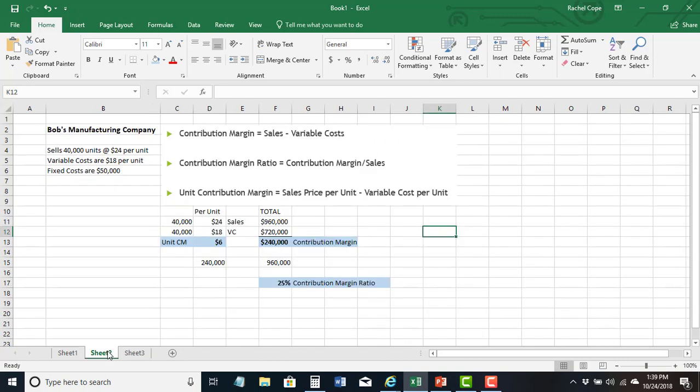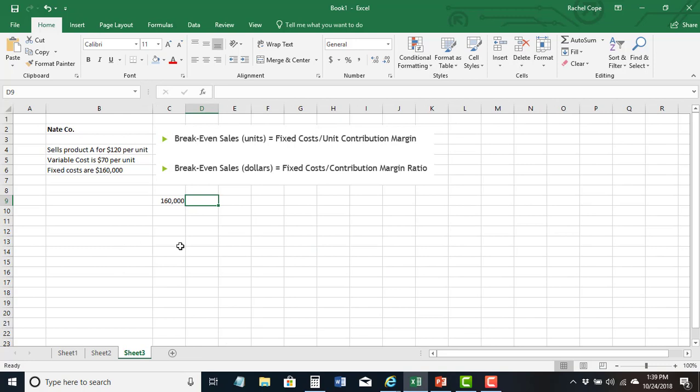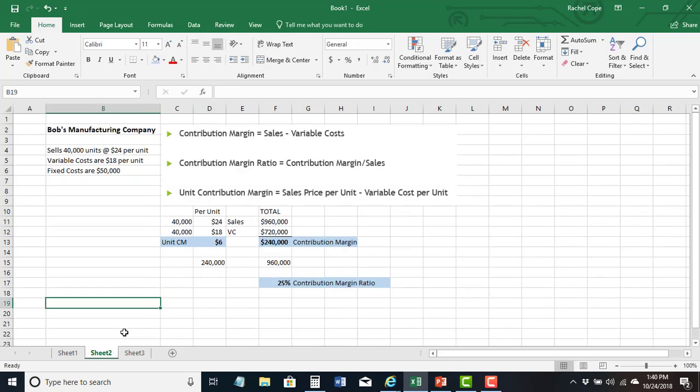Just to back up a sec, the unit contribution margin, which we covered in a previous video, is sales price per unit minus variable cost per unit.